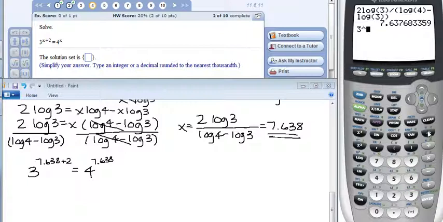So 3 raised to the 7.638 plus 2 power is this icky decimal, and 4 raised to the 7.638 power is sort of the same icky decimal. Boy, that's off by 4, right?